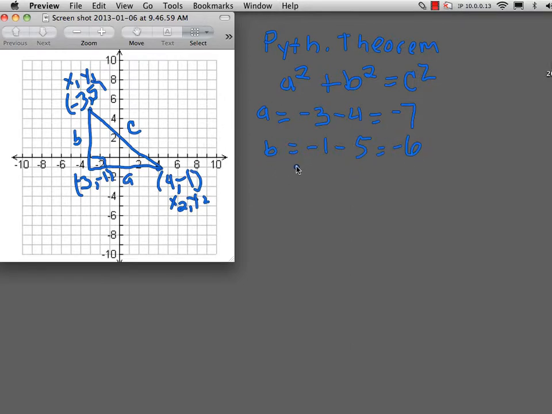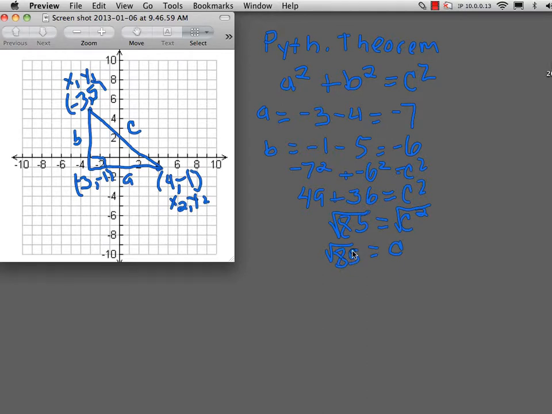So our formula takes -7 squared plus -6 squared, which should give us C squared. -7 squared is 49. -6 squared is 36. And 49 plus 36 gives us 85, and that equals C squared. Remember, to get C we have to take the square root of that. So C is equal to the square root of 85.